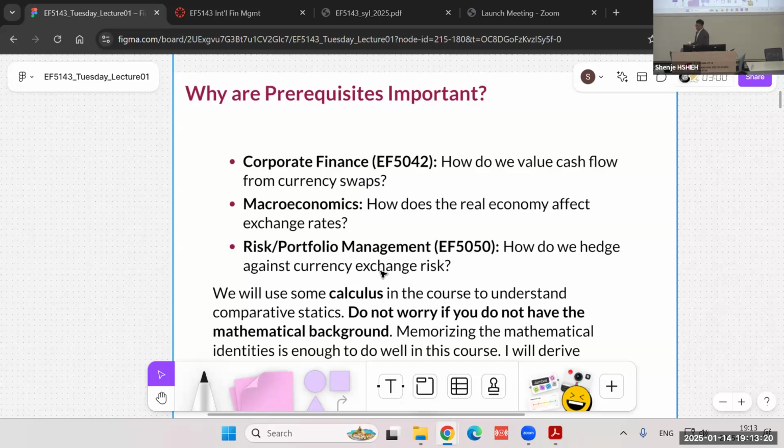Pre-knowledge: what kind of knowledge should you have coming into this class? This is why I gave you the survey ahead of time, because I want to know what your backgrounds were before taking this class. Let me explain why those 3 topics are important. Corporate finance: why is it important? It's because you have to understand the disciplining force that allows you to price securities and assets in the world.